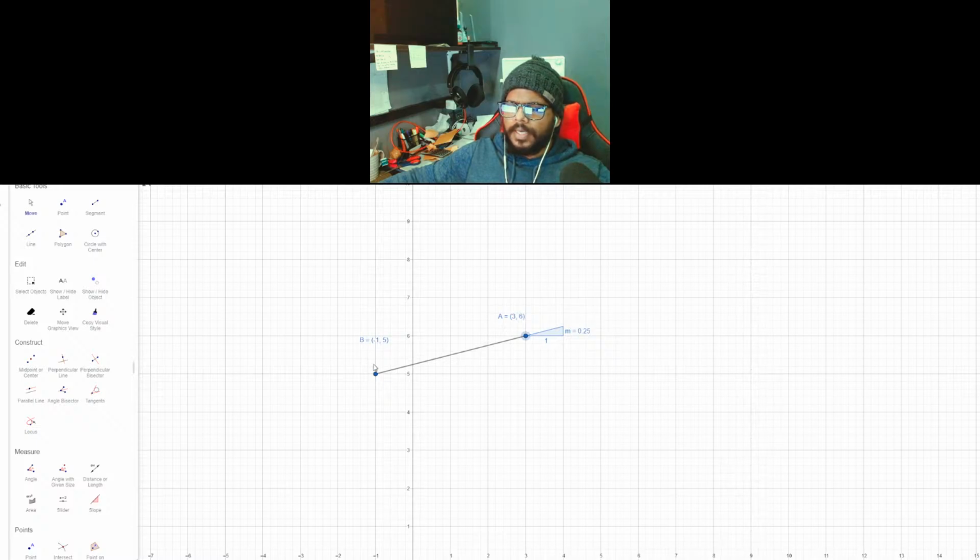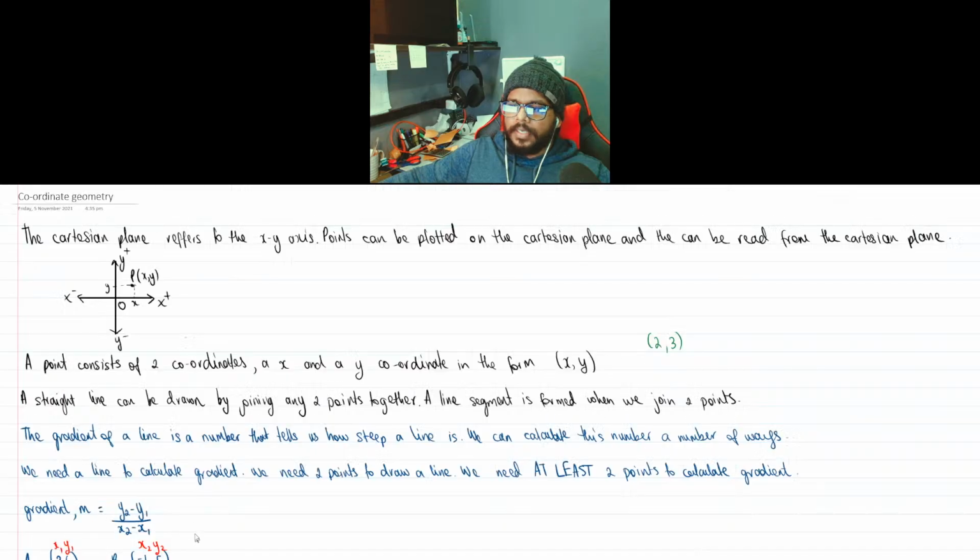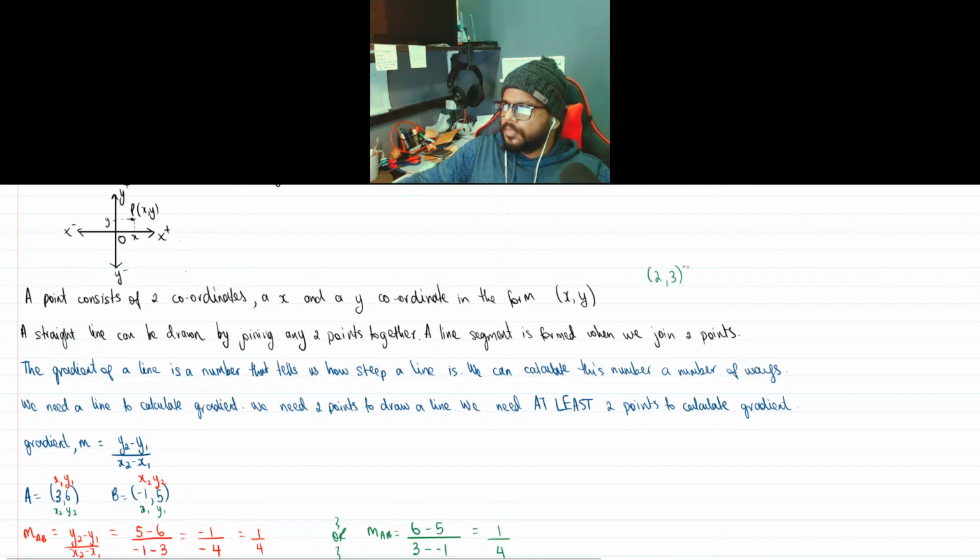The point B has an x coordinate of -1 and a y coordinate of 5. To calculate the gradient, we need a line. A line has 2 points. A point has 2 coordinates. So we need at least 2 points to calculate this gradient. So I'm going to calculate the gradient of this line that we have here. The gradient is given by a formula. And the formula is y2 minus y1 over x2 minus x1. And it's a very, very important formula.